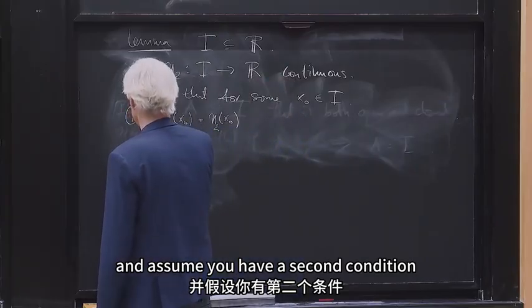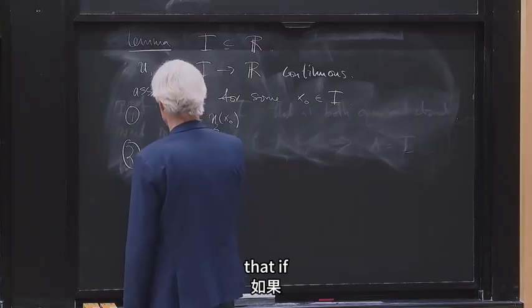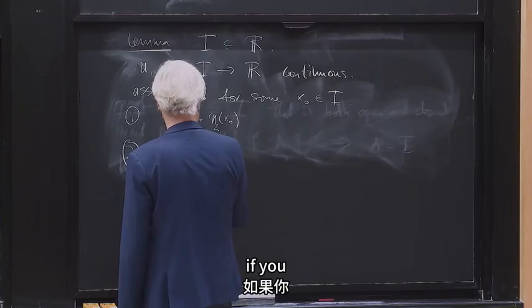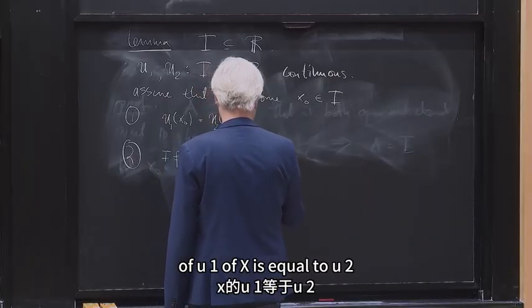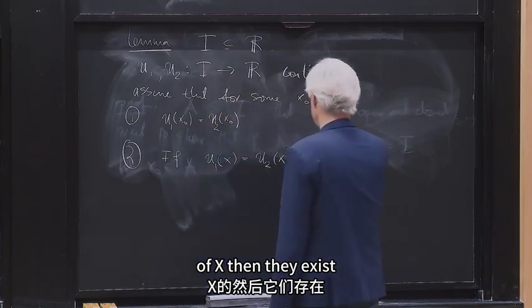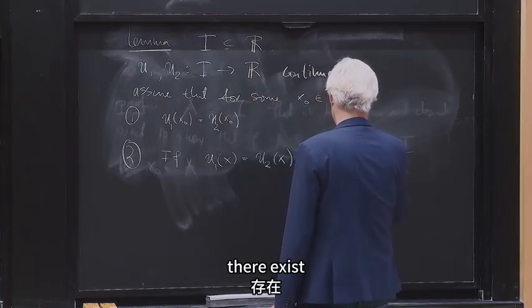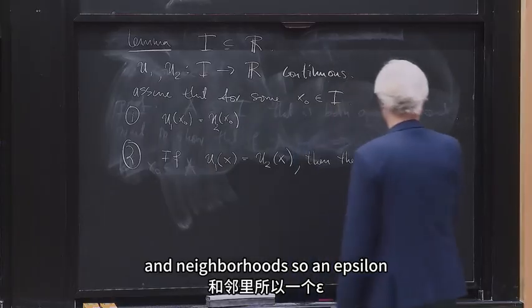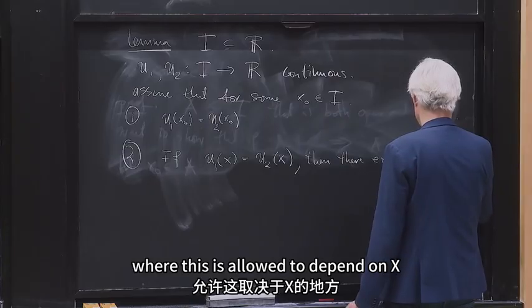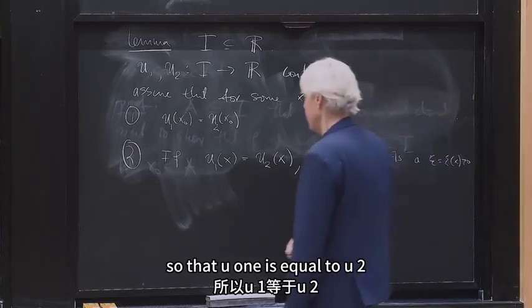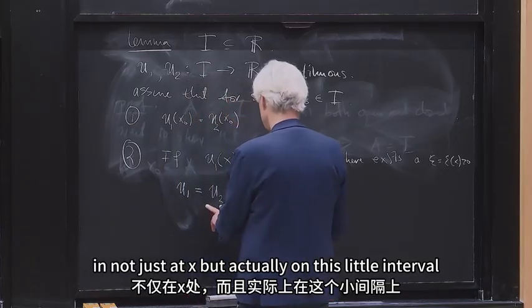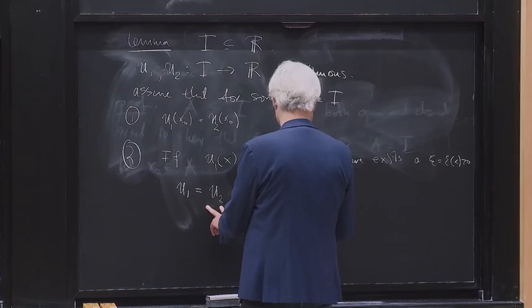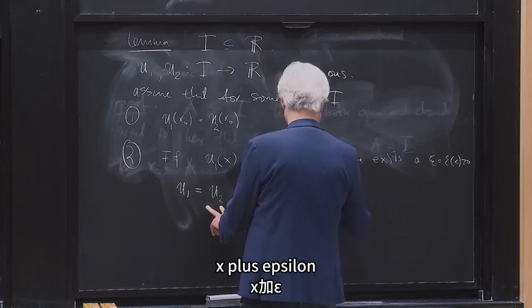And assume you have a second condition: if u1 of x is equal to u2 of x, then there exists a neighborhood, an epsilon, which is allowed to depend on x, so that u1 is equal to u2 not just at x, but on the little interval from x minus epsilon to x plus epsilon.